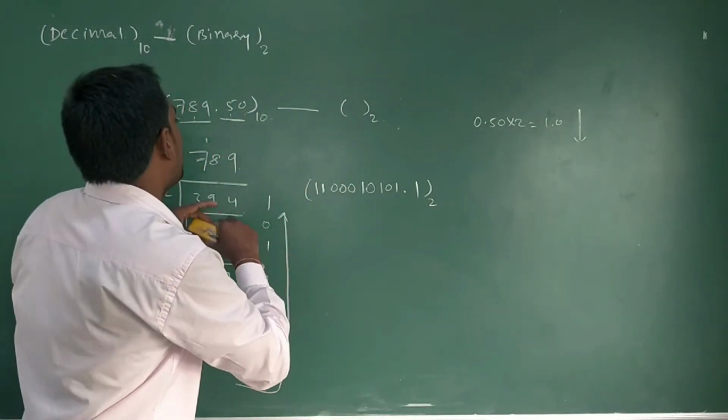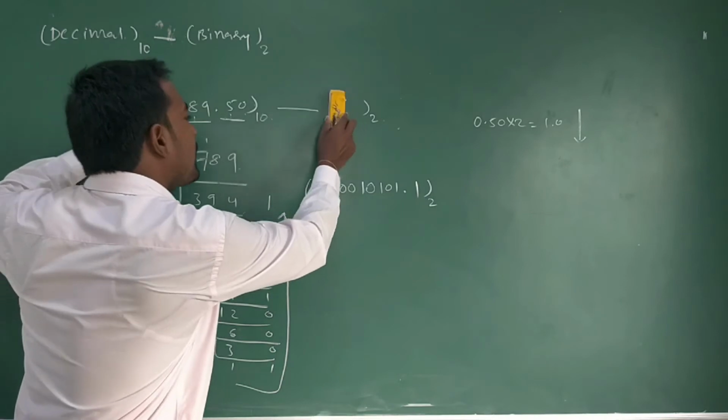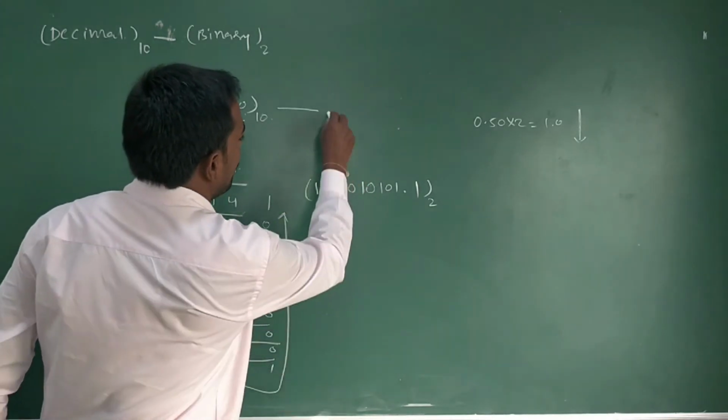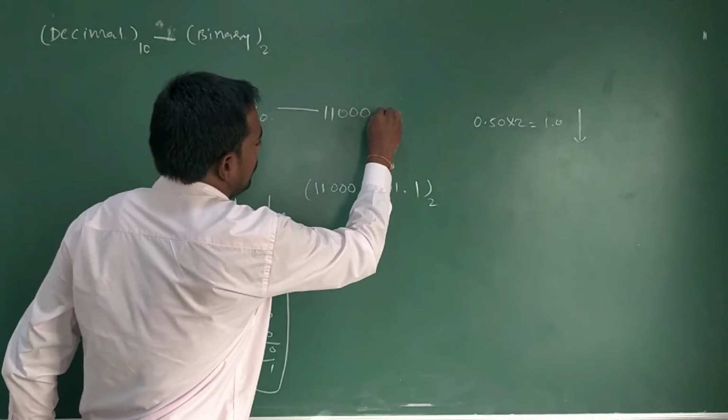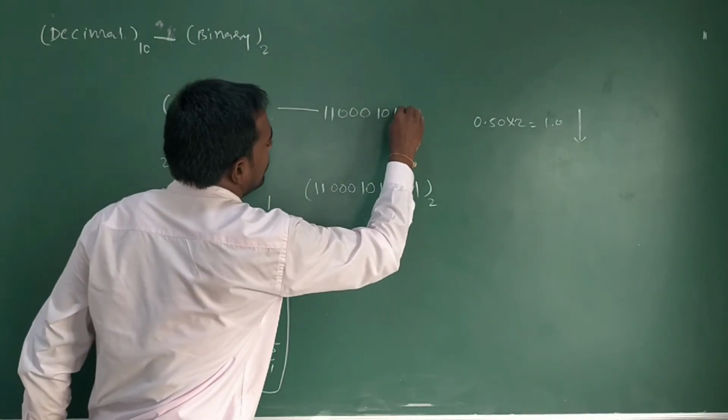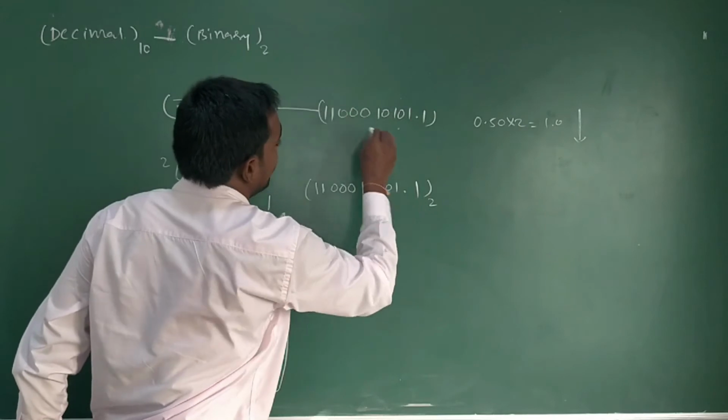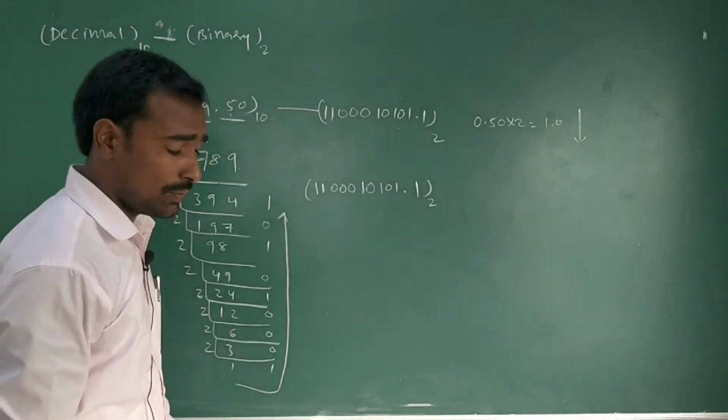So finally, 789.50 is equal to the binary number 1100010101.1, having the base of 2.